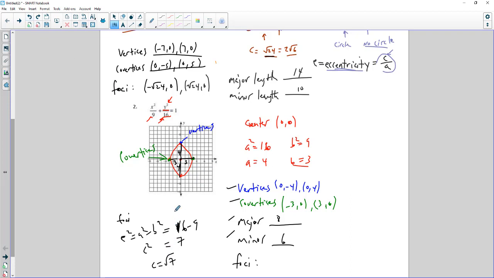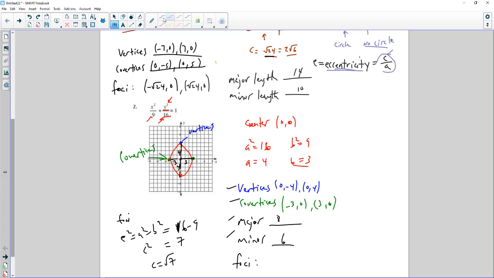The foci are going to be located on the major axis, which is the y, and root 7 is between 2 and 3. So we're going to go up about 2 and change, and down between 2 and 3. So they're about right there-ish, and that's where they're located.